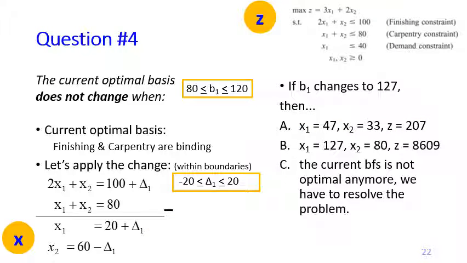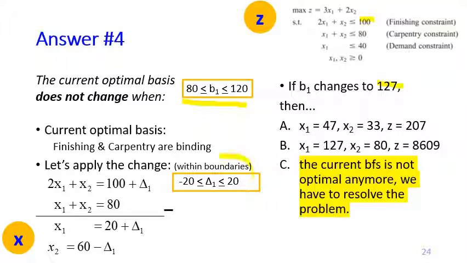Now here's the last question. If B1 changes to 127, then what are the new values of x1, x2, and z? Because 127 is outside of the allowable B1 range, it changes from 100 to 127.